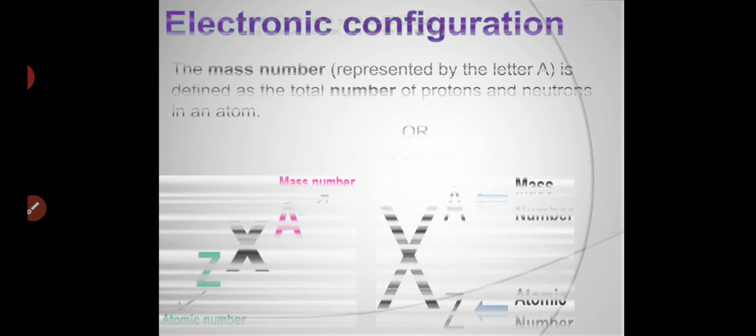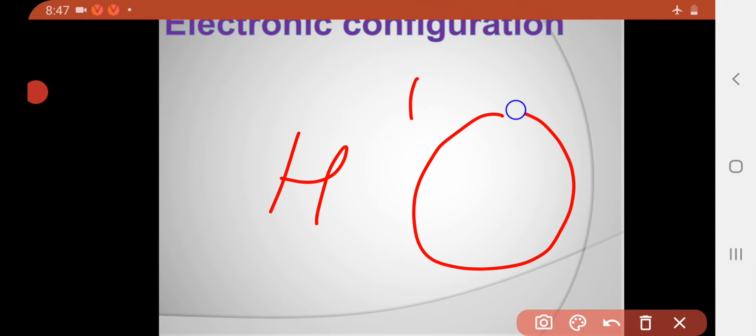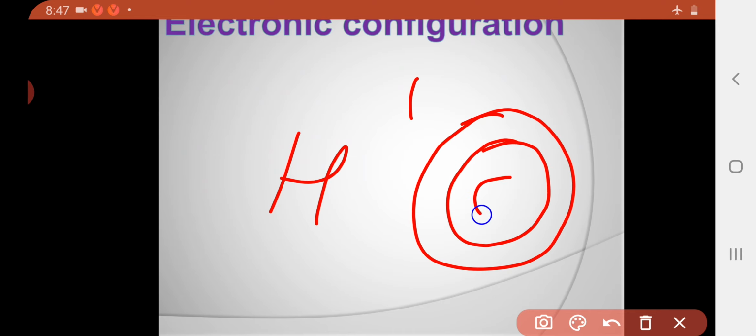Now next we are going to study electronic configuration. So what does electronic configuration mean? First of all, suppose there is hydrogen. What is the atomic number of hydrogen? 1, right? If this is the atom, we already studied how many electrons are present in the first shell, second shell, third shell.